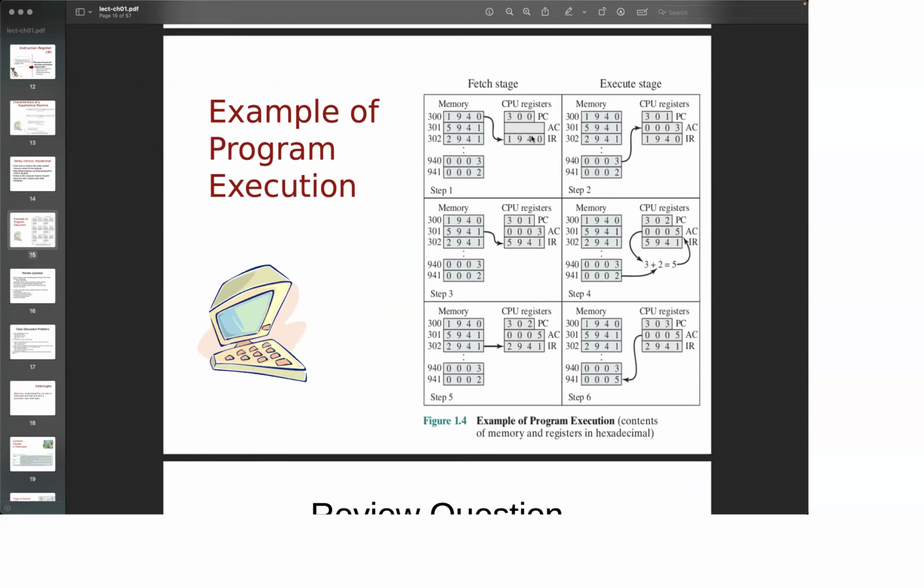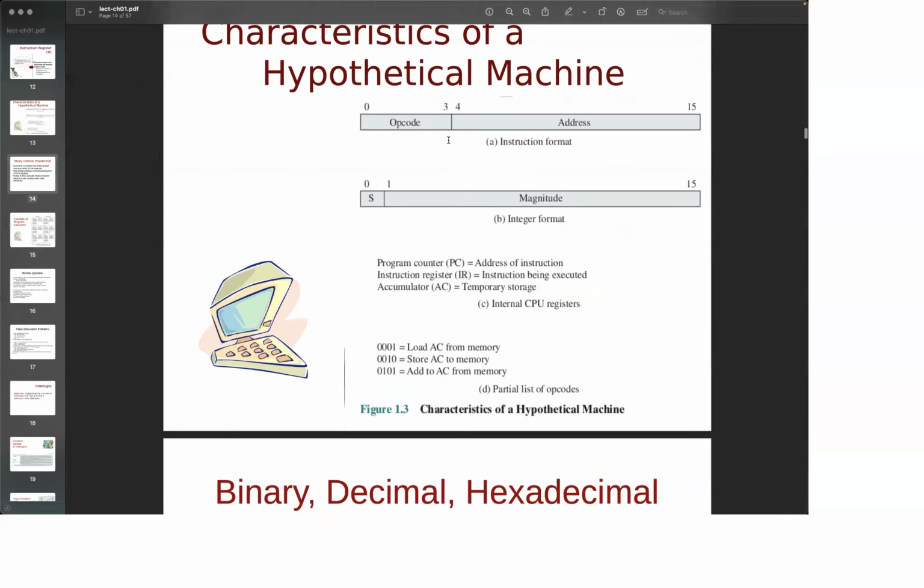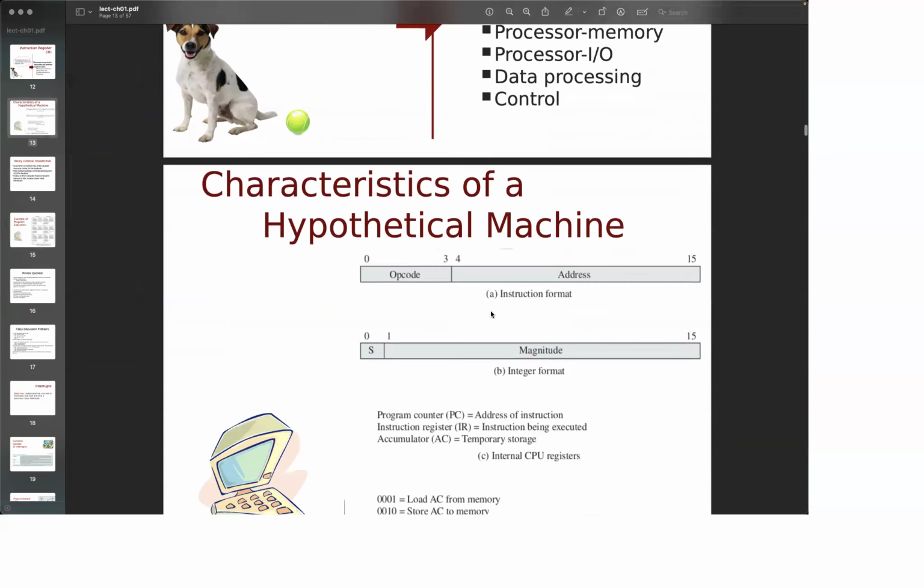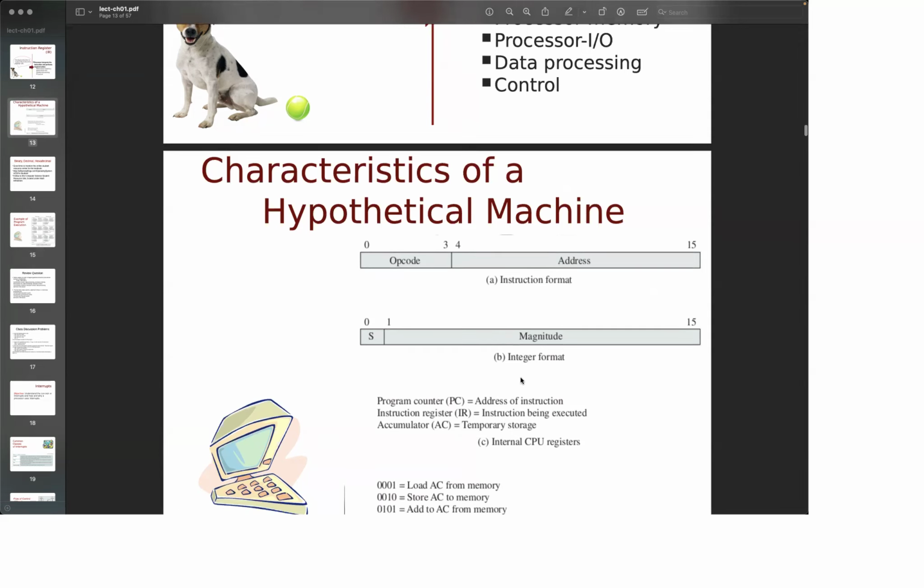We are just simulating the first one. If you remember, the length should be 16 bits, with the opcode being a single digit, and then the address is the registration, and then the integer format will be right here.